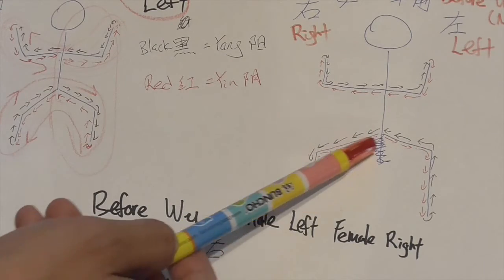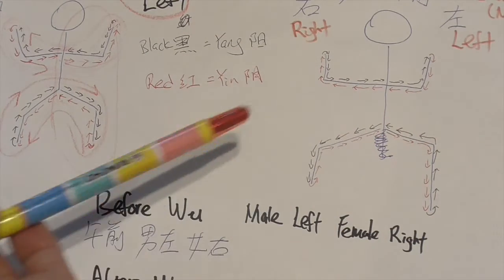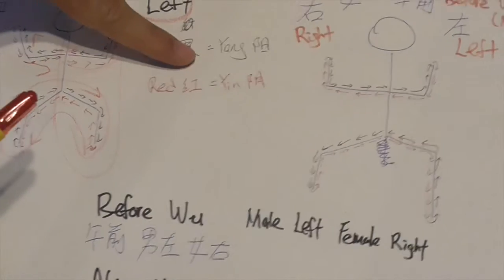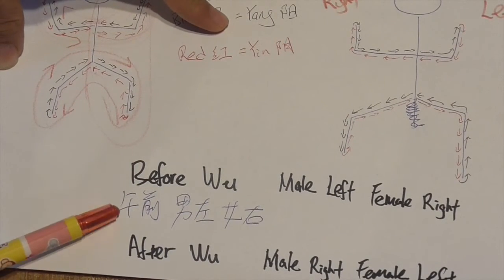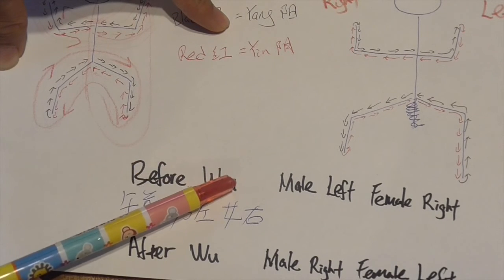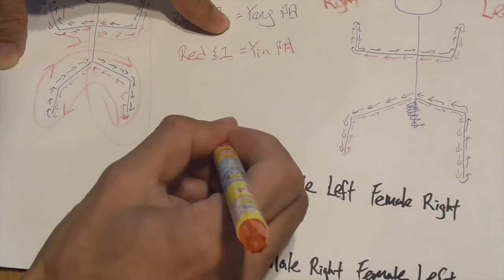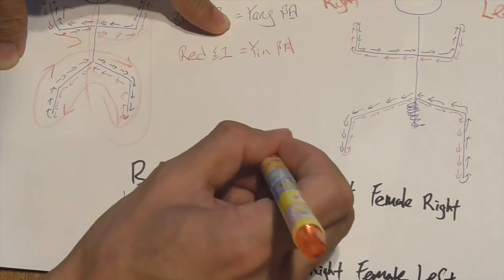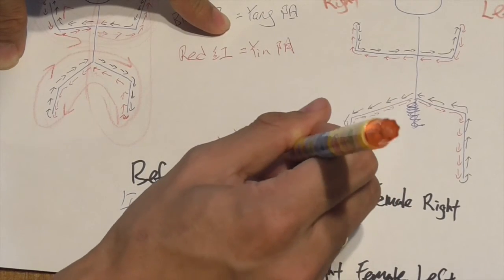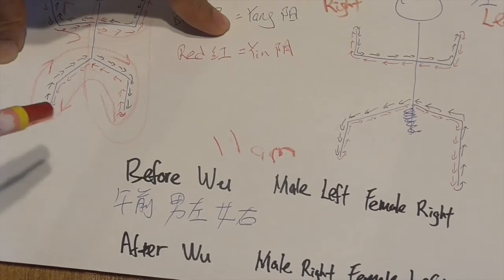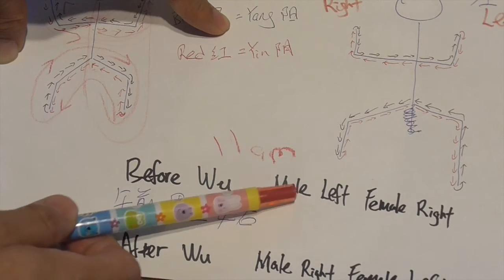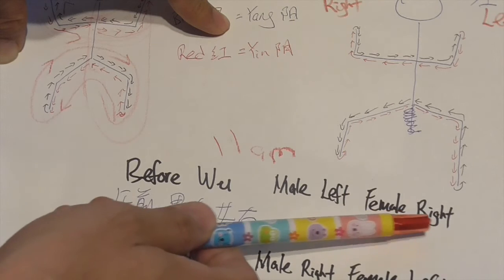You see the circle? So what you have to do is simple. You just have to memorize: before 11 a.m., male left, female right.